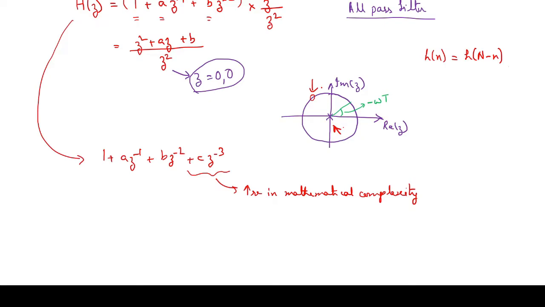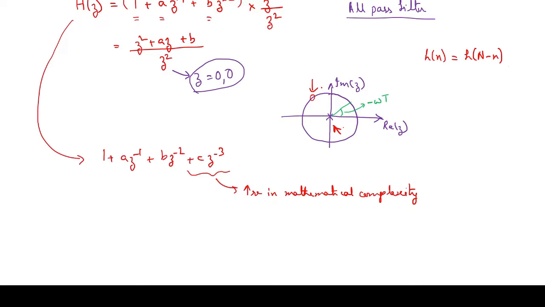That does not mean that FIR filters do not have any poles. They have poles, but all the poles are at the origin of the unit circle.